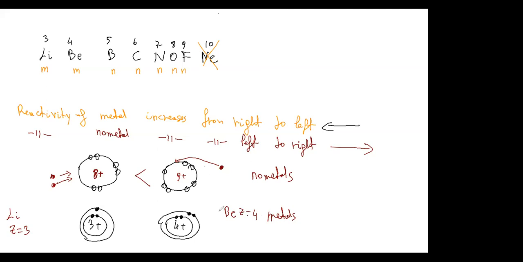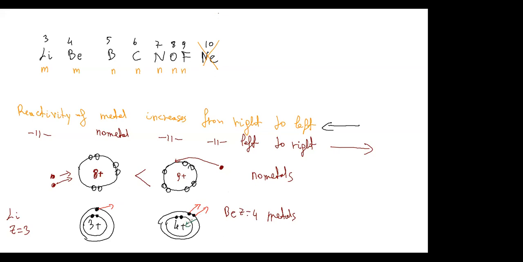So what does it mean for the metal to be reactive? It means that the metal would easily release its electrons. So lithium needs some energy just to release this 1 electron, but beryllium would need a lot of energy because it needs to release 2 electrons. And these 2 electrons are attracted a lot by the nucleus because the nucleus is stronger.